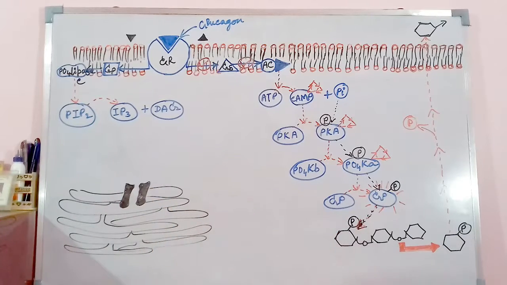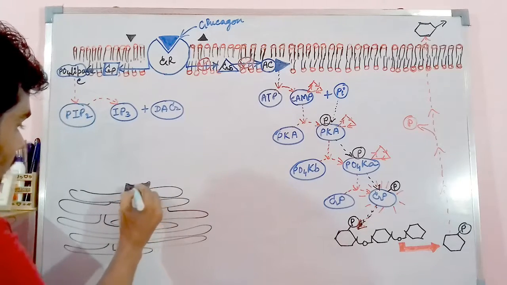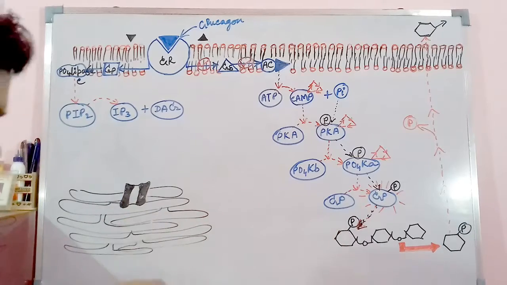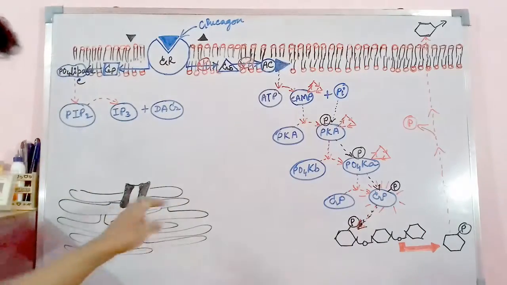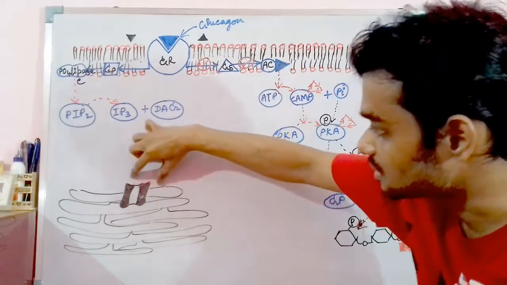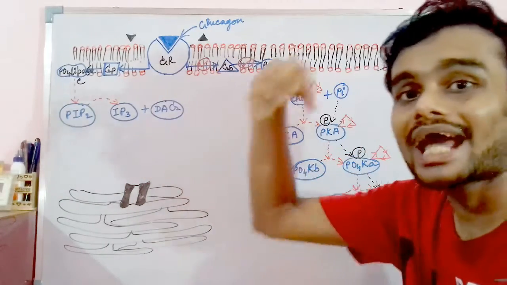Now this is a calcium channel present right over here. So this calcium channel, this IP3 molecule is like a door stopper. Suppose these two ends, you see these two flaps of this calcium channel. Suppose these two flaps act as the two doors. The IP3 molecule acts as a door stopper.